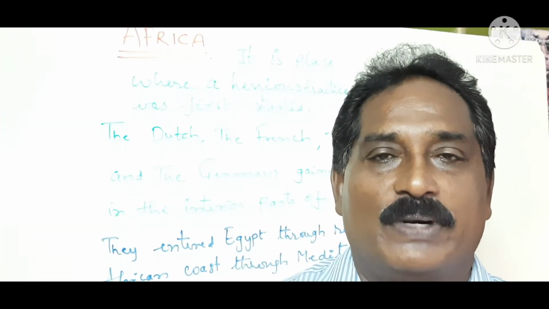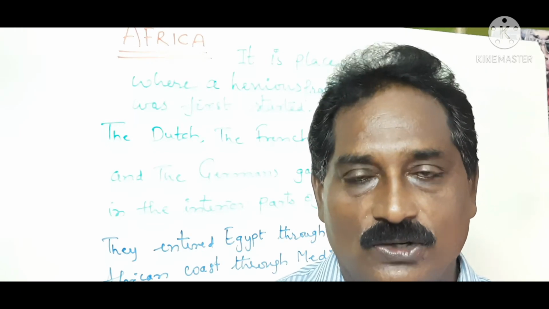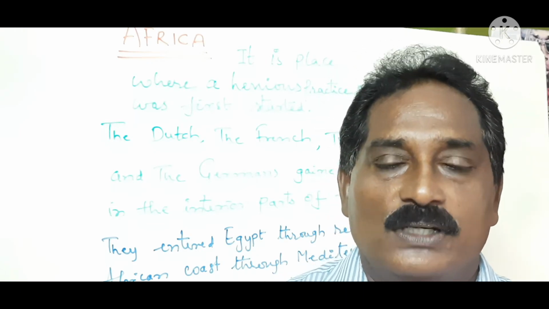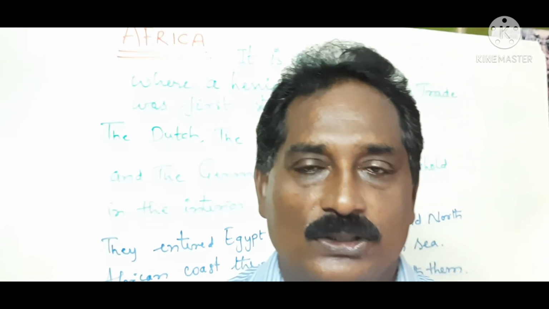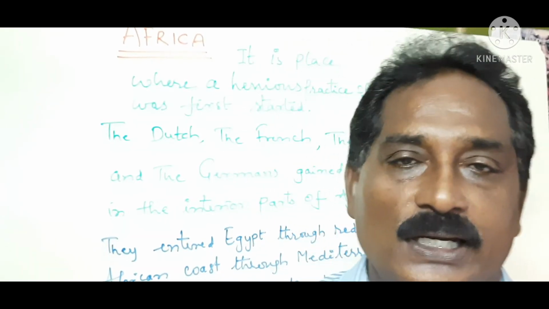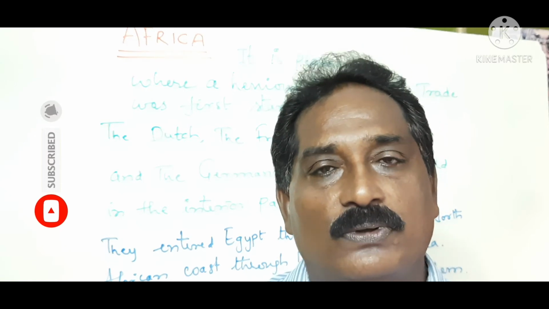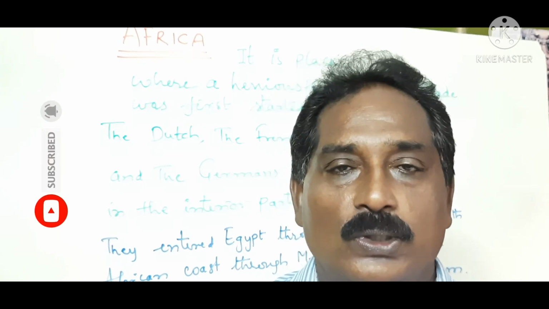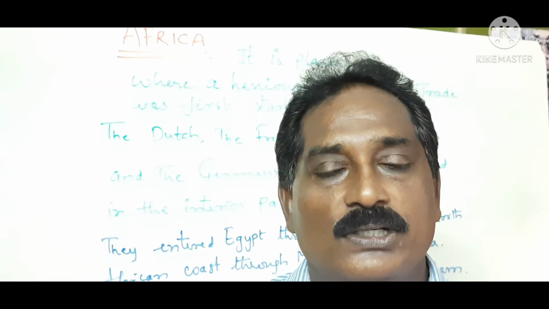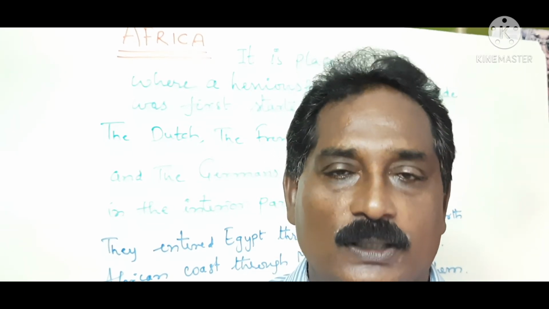You can see Africa clearly in the picture, where the heinous practice of slave trade was first started. The Europeans, like the Dutch, the French, the German, and the English, gained their foothold in the interior parts of Africa, and slowly they colonized several parts of Africa.